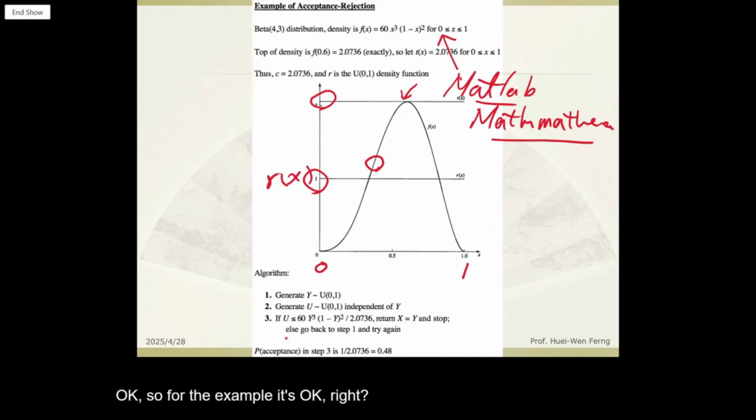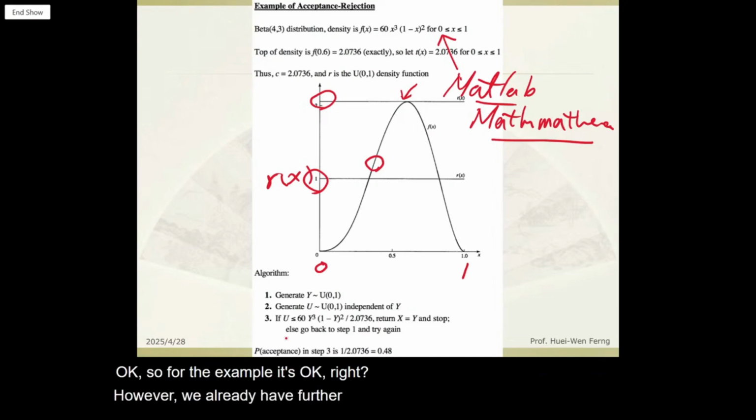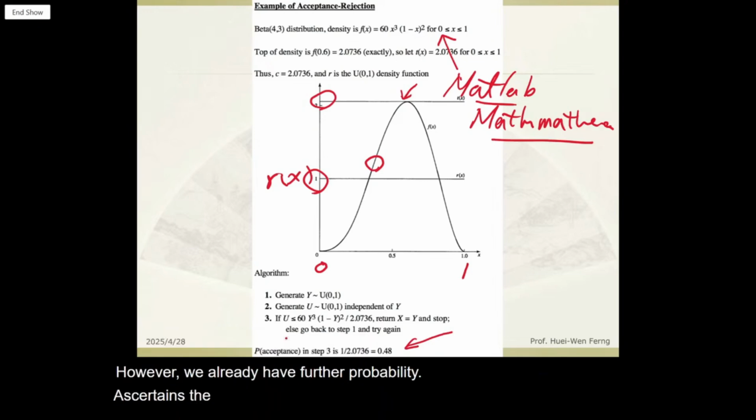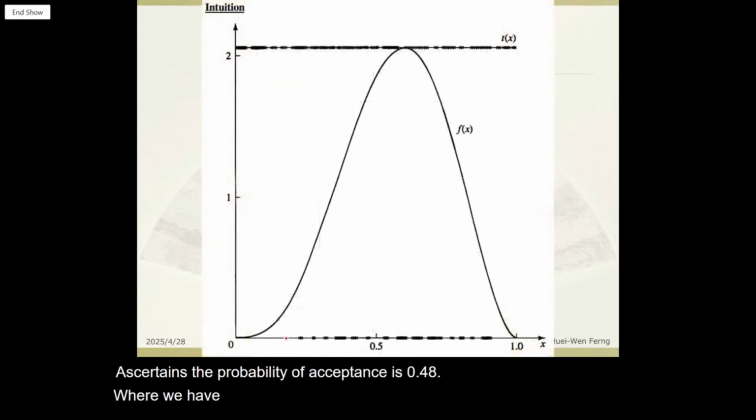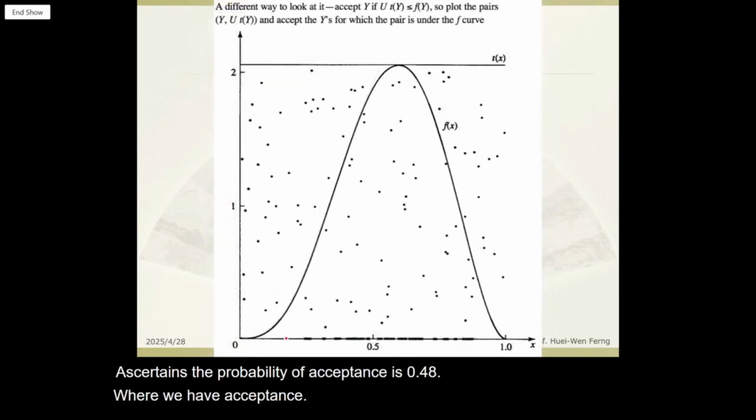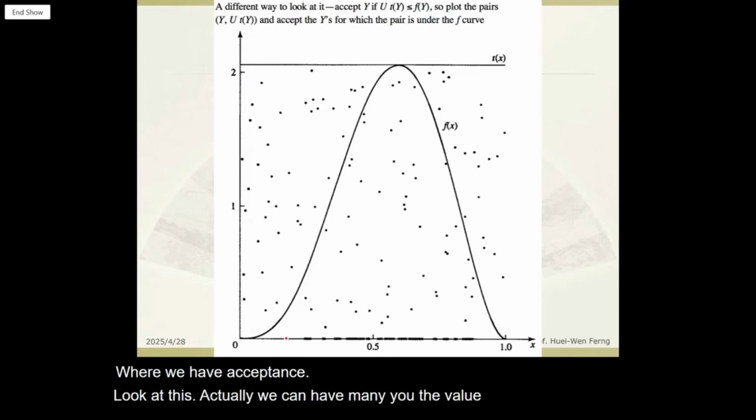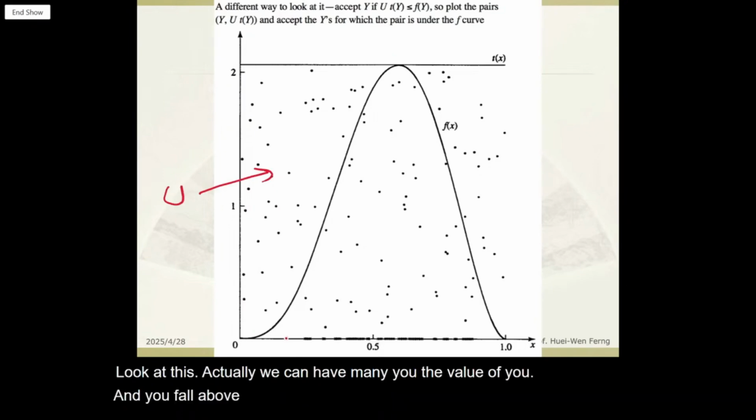However, we didn't have the probability of acceptance. The probability of acceptance is 0.48. Where we have acceptance, look at this. Actually, we can have many values of u, and if u falls above, then reject. Only this one is accepted.